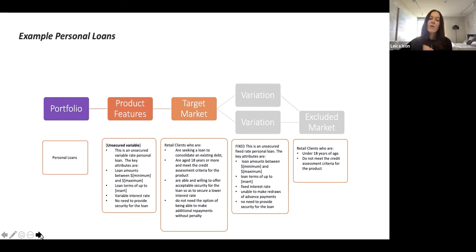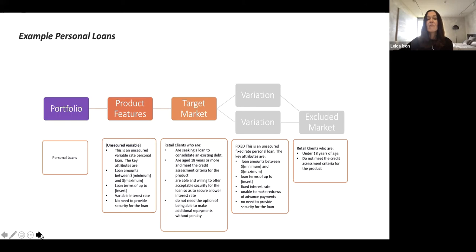So the key question that I'd ask myself here is secured and unsecured, is that a variation, or is that actually a separate product that needs a different target market? So, just to test that, so for a secured loan versus an unsecured loan, are the types of customers and their characteristics and their situations, are they very different?